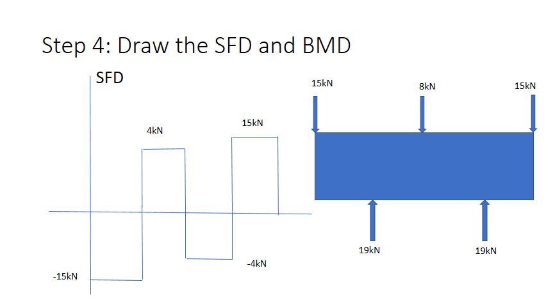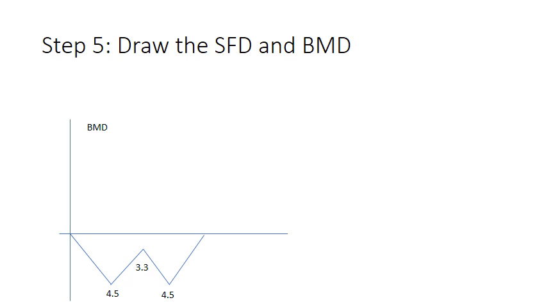So for the first part, we know that it is minus 15 times 0.3, which is minus 4.5, and then it will be minus 4 times 0.3, which is minus 1.2, and then plus 4 kN times the length, which is 0.3, and then minus 15 kN times 0.3. So the BMD will be like this. So the maximum BMD is 4.5 kN.